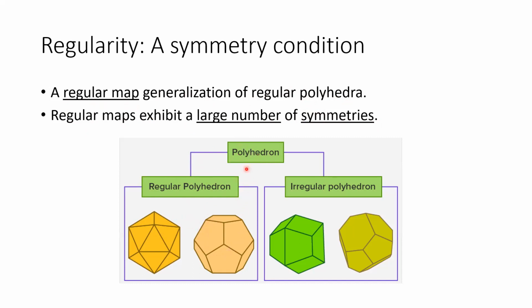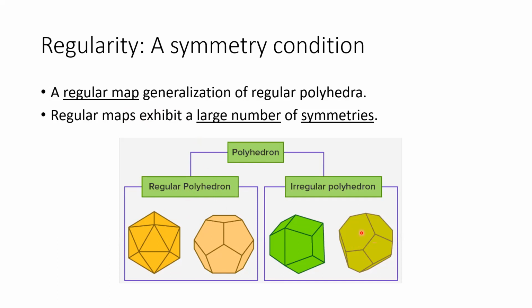And in general, any polyhedron is also giving you an example of a map on some genus g surface. And we have a notion of regular polyhedra and irregular polyhedra. The regular polyhedra are the ones that have a lot of symmetries, while the irregular polyhedra don't necessarily. So regular polyhedra are going to be examples of regular maps, while irregular polyhedra most likely aren't going to be regular maps.